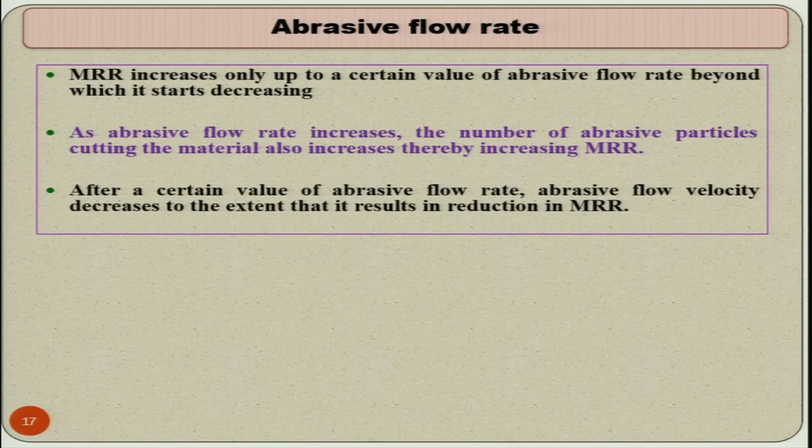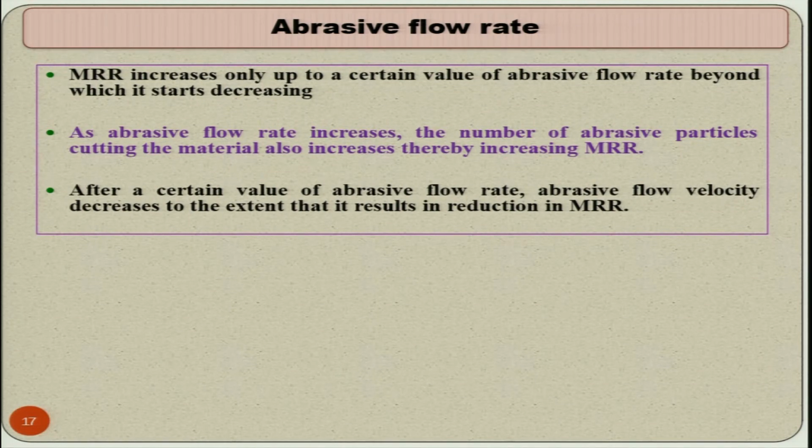Then abrasive flow rate is another important parameter. MRR increases only up to a certain value of abrasive flow rate, beyond which it starts decreasing. If the flow rate is increasing, then the abrasives coming are also increasing, so per unit time they increase and MRR keeps on increasing, but if the flow rate is very high, then it is claimed that the material removal rate starts decreasing.